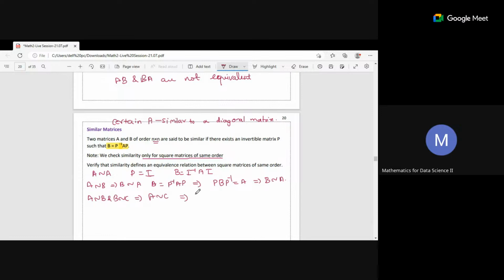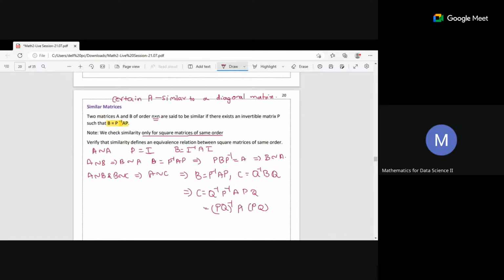Again, you know that B is equal to P inverse AP and your C is equal to, let us say, some Q inverse BQ. Then you know that C is equal to Q inverse P inverse APQ, and Q inverse P inverse you can write as (PQ) whole inverse.